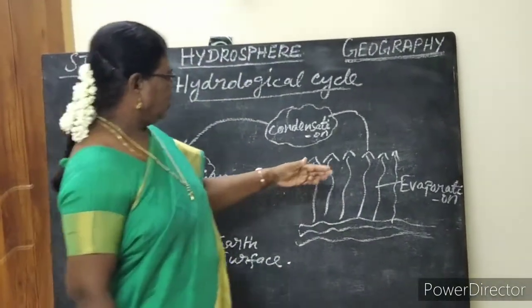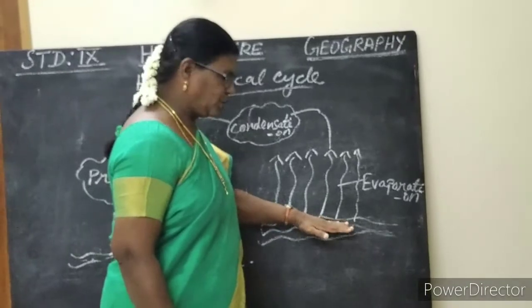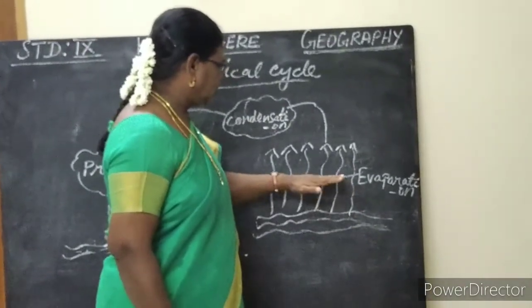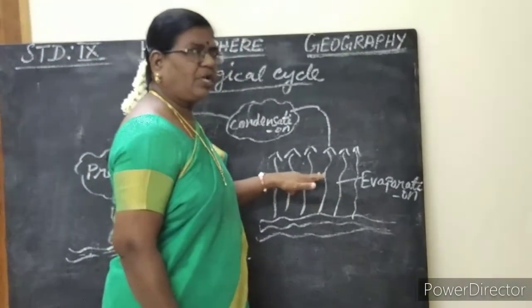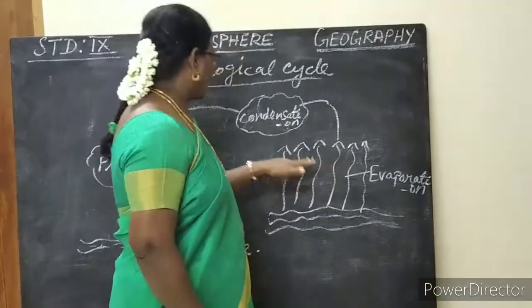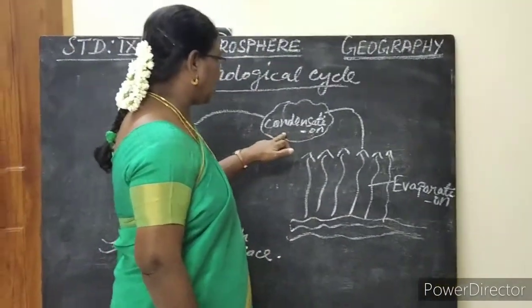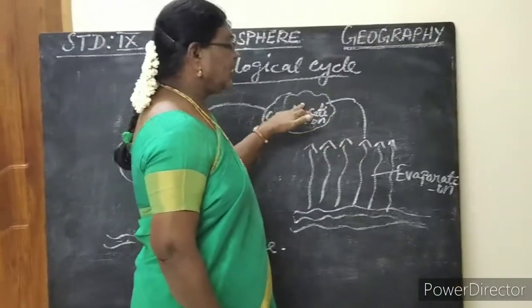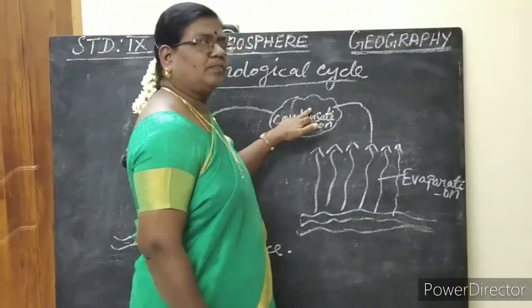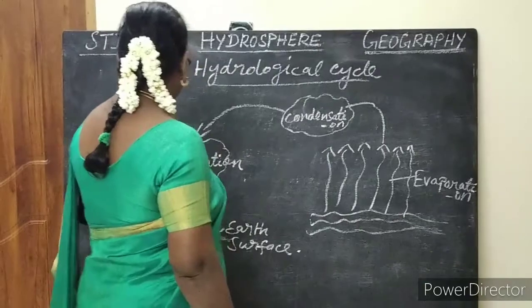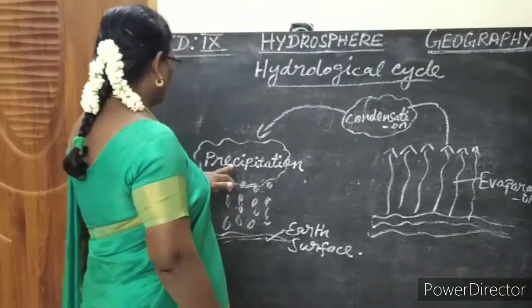Evaporation is liquid changing into gas. What is condensation? This is gas changing into liquid. Okay, last one. What is precipitation?